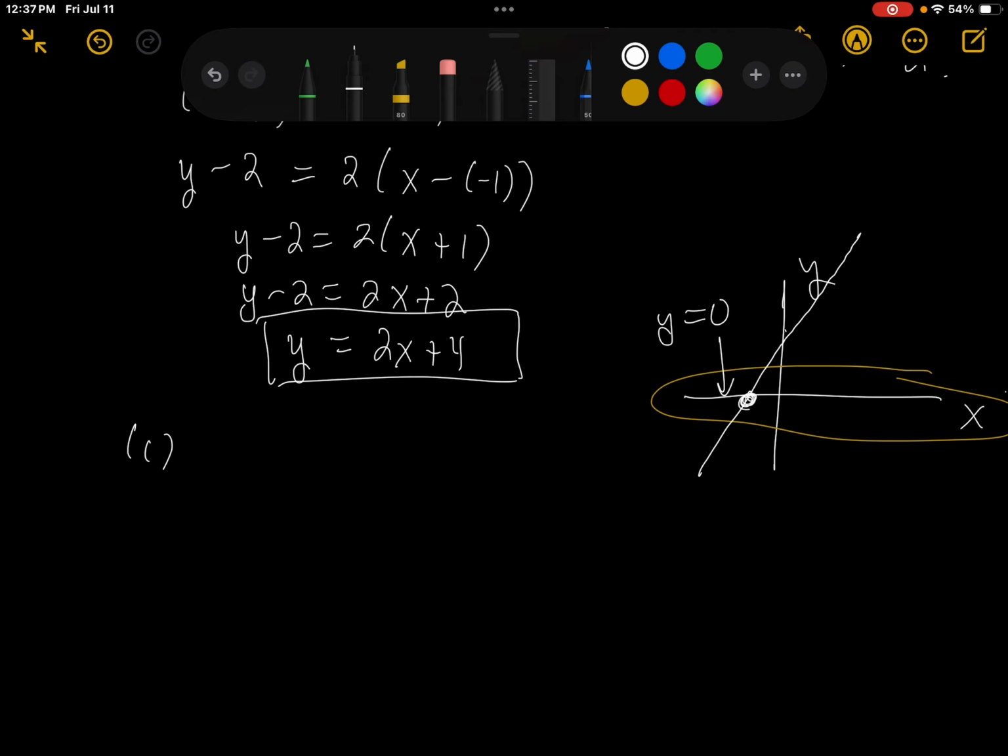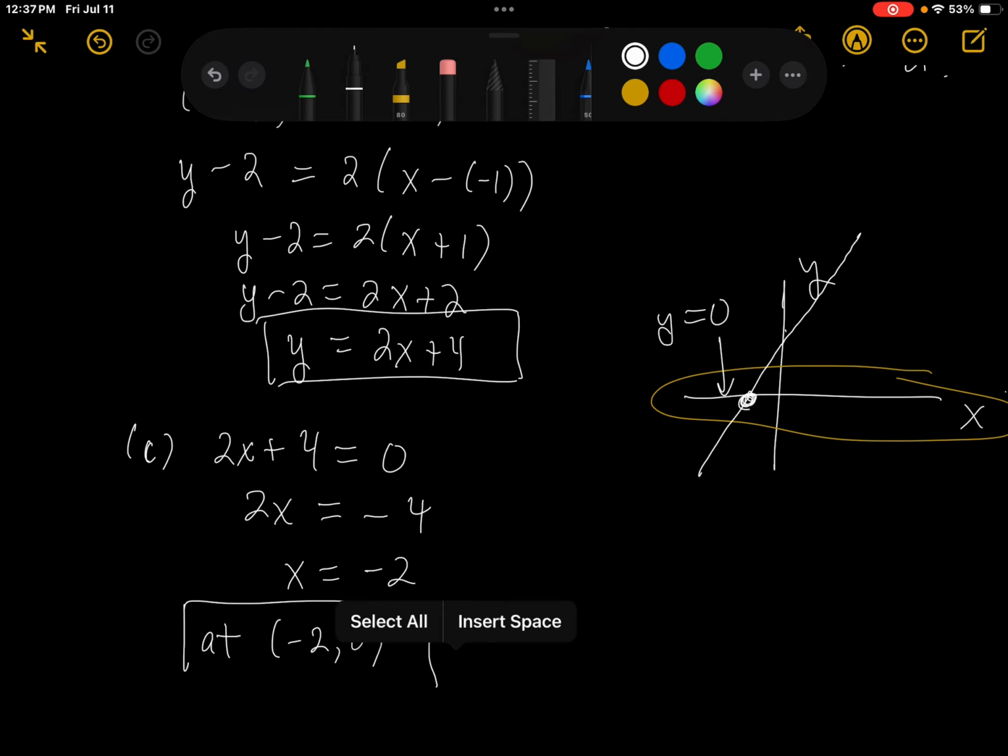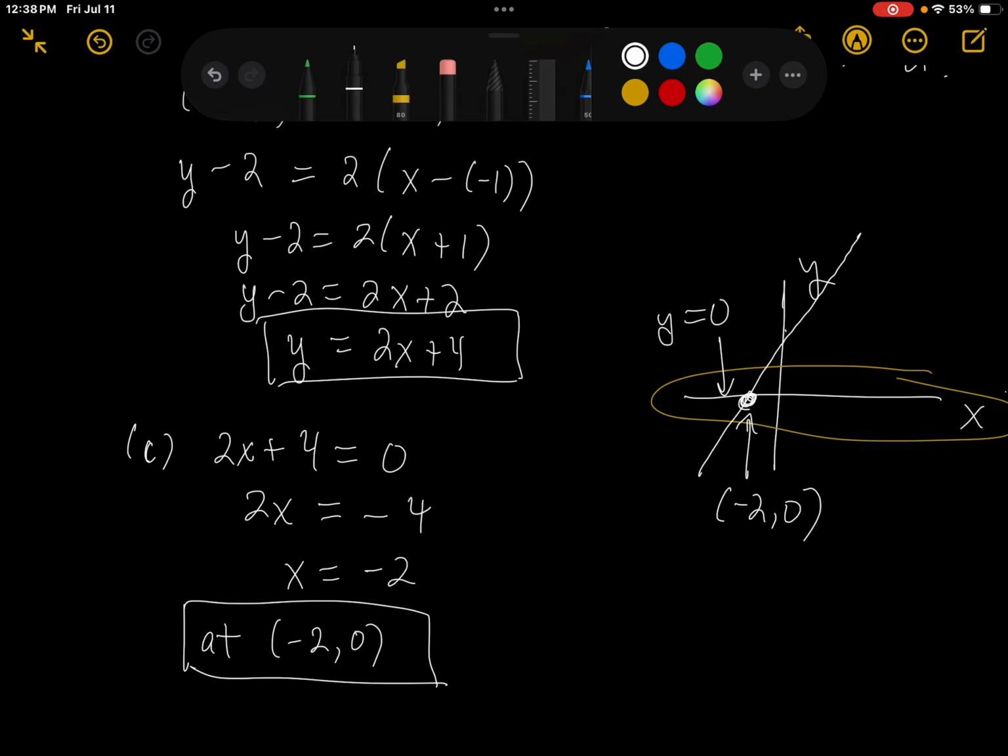So you set y equal to 0, and then you solve for x. Okay, you can probably do this in your head. You get negative 2. So the answer is it intersects the x-axis at negative 2, 0. That's this point, negative 2 comma 0. And that's it for this example.